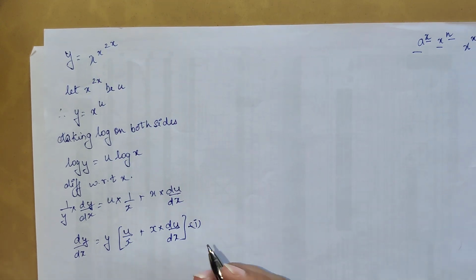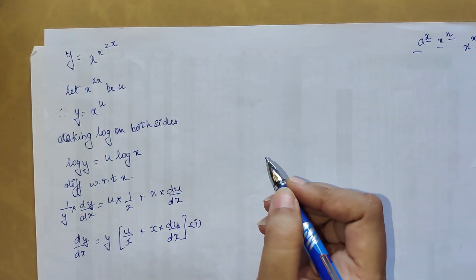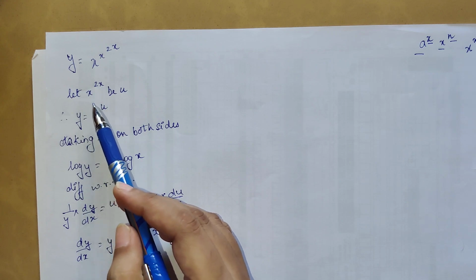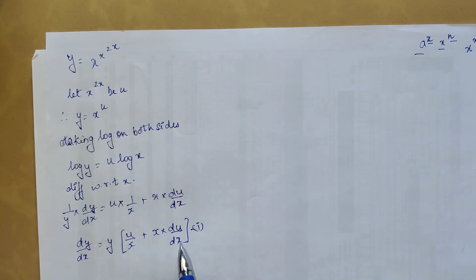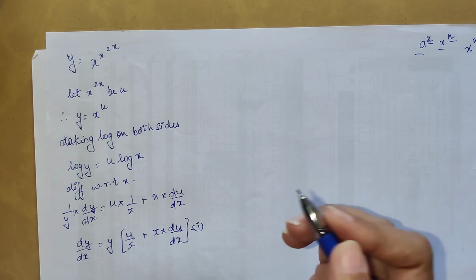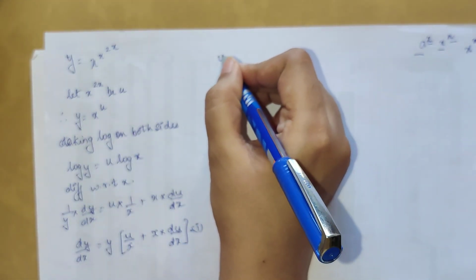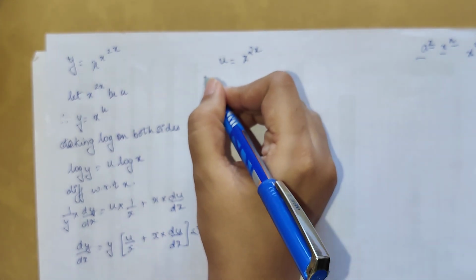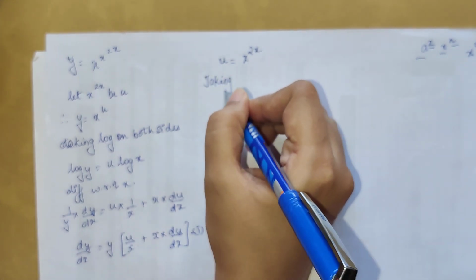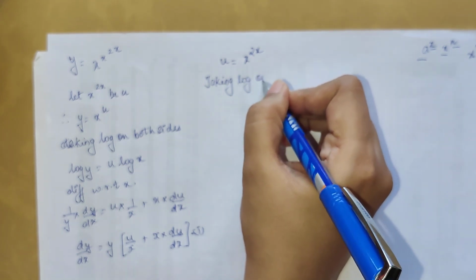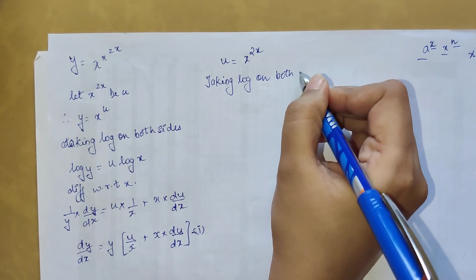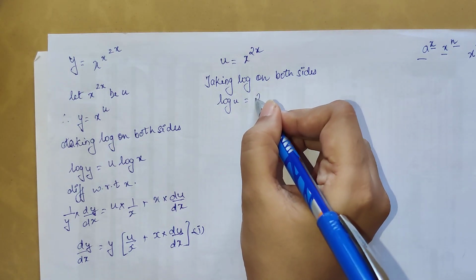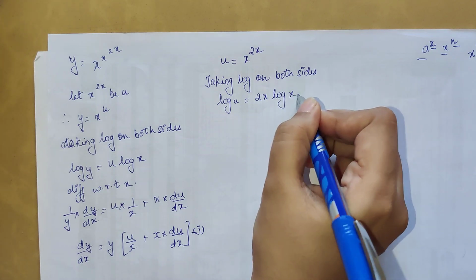Now what is your next task? You should now understand that here you can directly substitute u, which is nothing but x raised to 2x. But in du by dx you will have to differentiate u again. Okay, so here let's start differentiating u, which is x raised to 2x. So here we'll say again taking log on both sides, we'll get log u is equal to 2x into log x, correct?